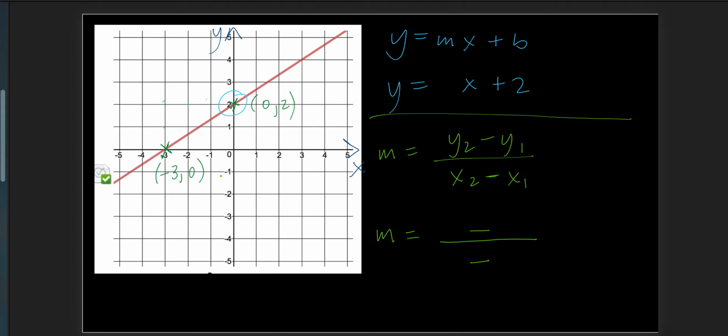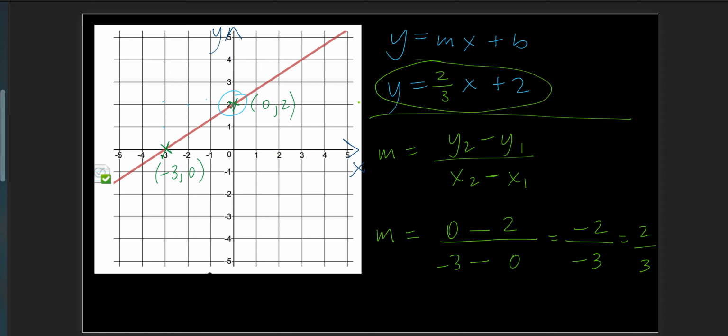Now my y's go on top, 0, 2, and my x's go on bottom, -3, 0, just like this. And then I'll just simplify this, -2 over -3, and that looks like 2/3. So 2/3 goes right in here. So this is the equation of my line that I'm looking at on the graph.